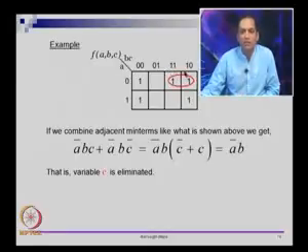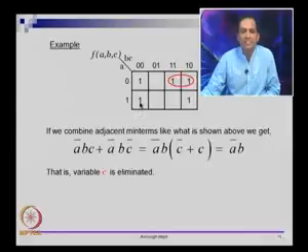Wherever the labels are constant, in this case the label for B is constant at 1 and 1, so I put B here, and it's in the row where A is 0, so I take the logical AND of those two, so it's A bar and B.